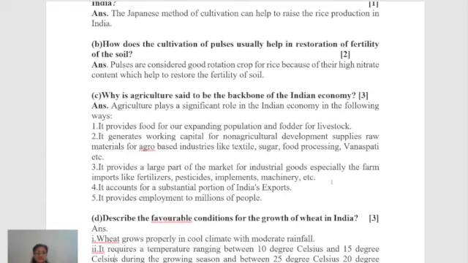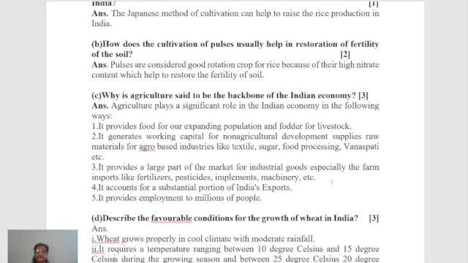Textile industry, sugar industry, various food processing industries, vanaspati industries, right? So food processing, or the edible oil, all these are related to agricultural raw material. So these are called agro-based industries. Without agriculture, we cannot have these industries.